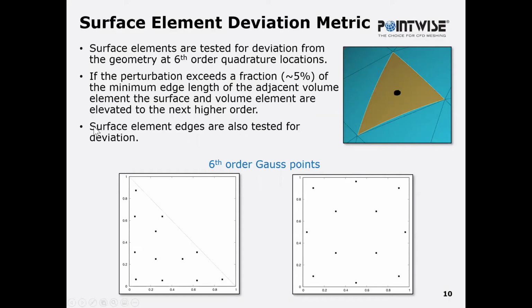If the perturbation exceeds a particular limit, then the element will increase in order. The surface edges of the element are also tested for this deviation.